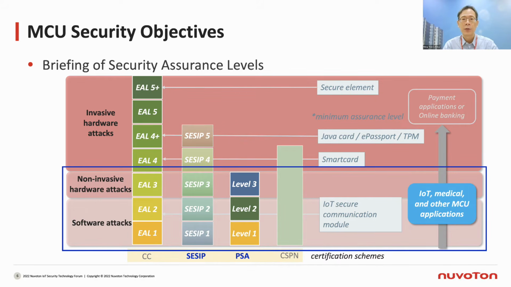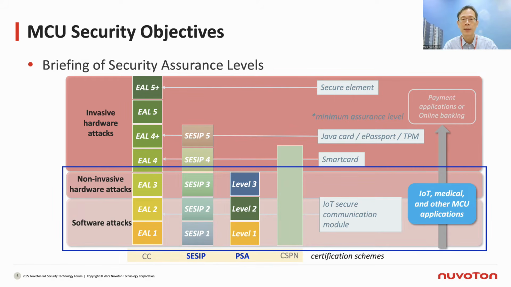PSA was originally an MCU security standard led by ARM. PSA defines the security requirements of the MCU platform, including protection profile, firmware application programming interfaces, and hardware features. The certification scheme of PSA is divided into 3 security assurance levels.